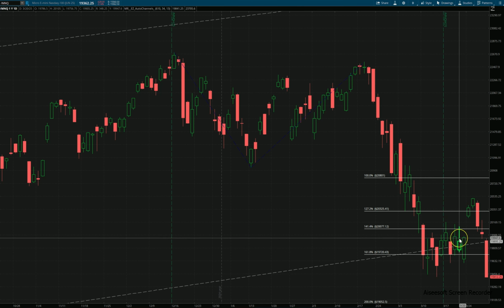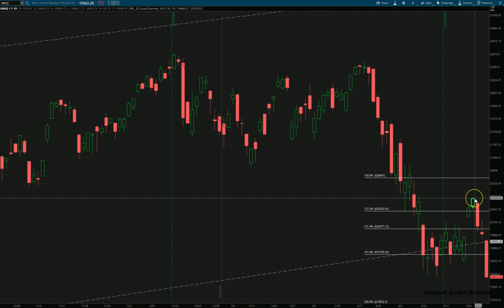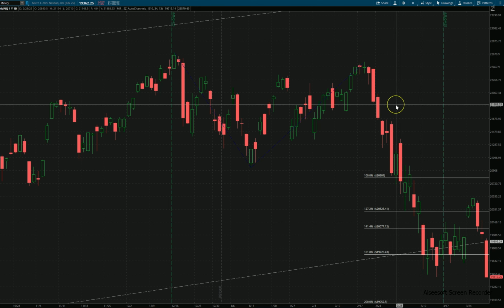Gathered a little bit of steam and popped to the upside, but just a counter trend rally. It's going further down. That's what the reaction is here. The sellers just jumped on top of things and just gleefully took things to the downside. So that's the channel. Let's go back up.